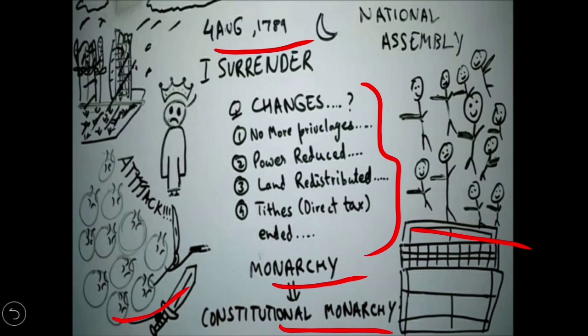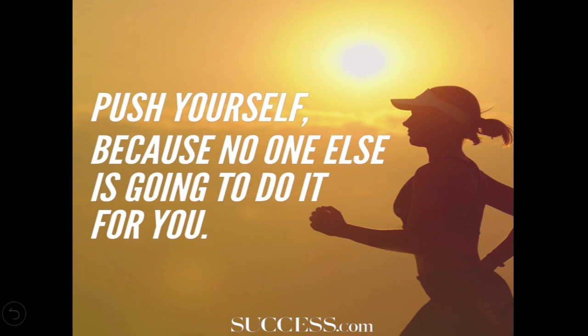Instead, the powers should be divided amongst the people, amongst the legislature and executive. That is how the monarchy changed into constitutional monarchy. Whatever powers and functions were given to him were limited, and it was all given by the people in the constitution. So, that is the meaning of constitutional monarchy.